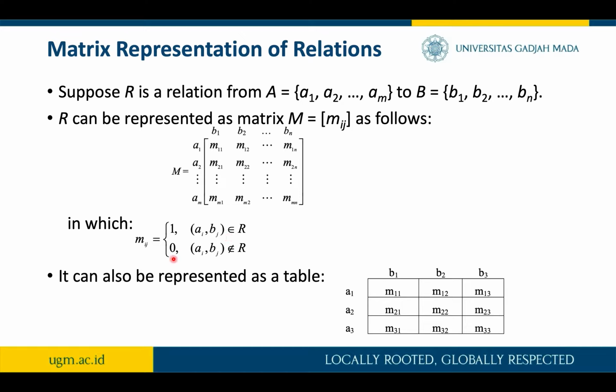It will be 0 if (Ai, Bj) is not the member of R. It means that Ai is not related to Bj. We can also use a table here to represent the relation. I think the logic is the same. It's just that we use a table here instead of a matrix like this.